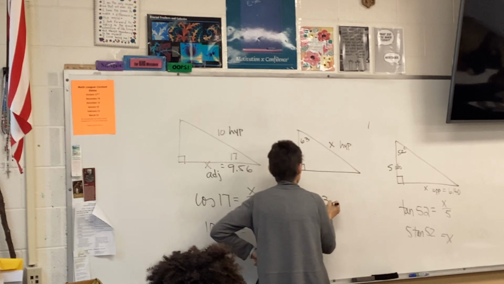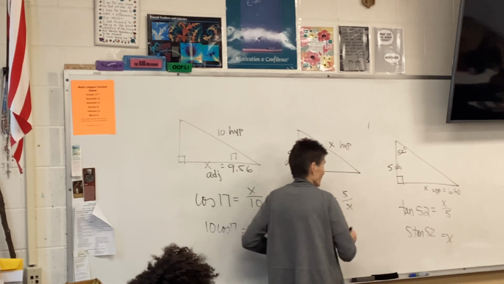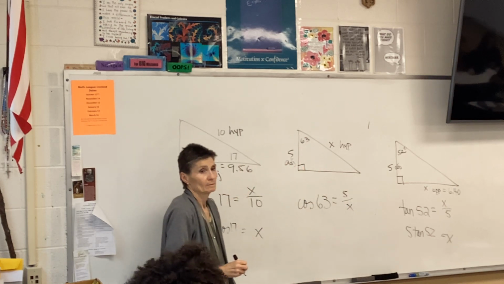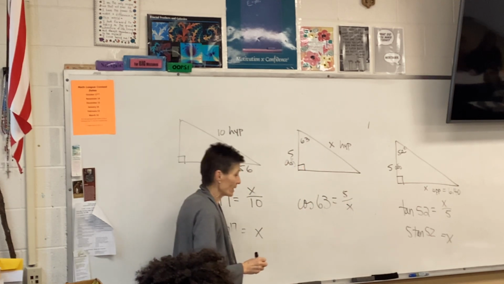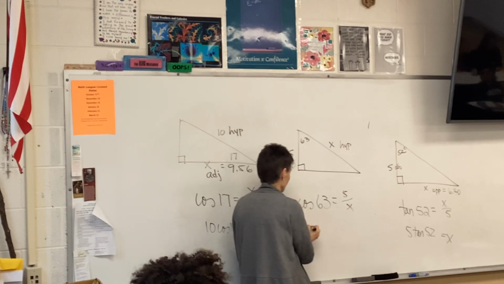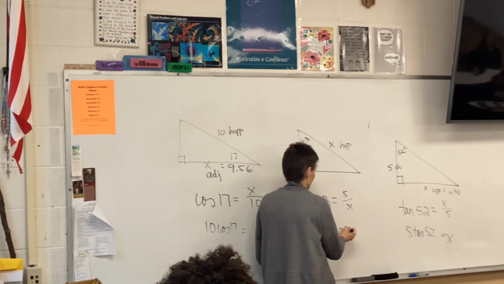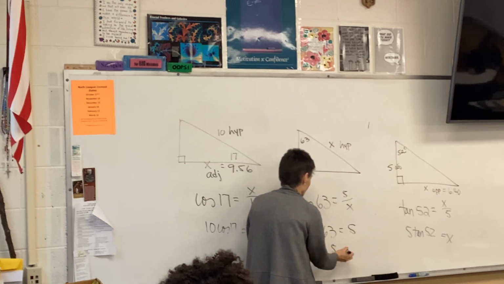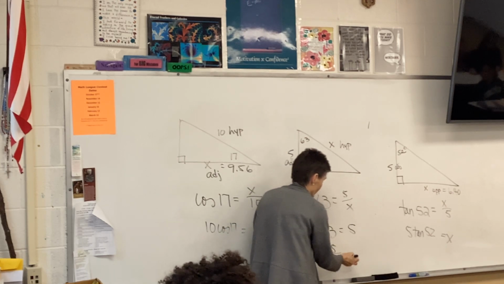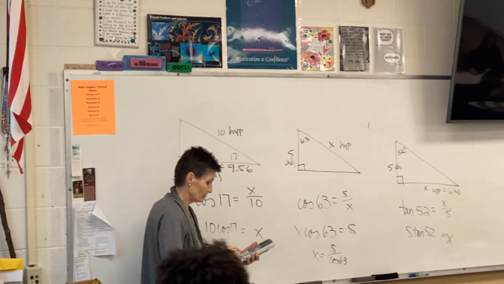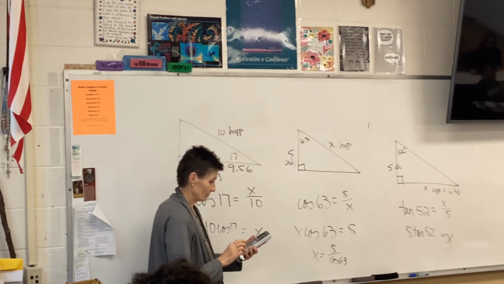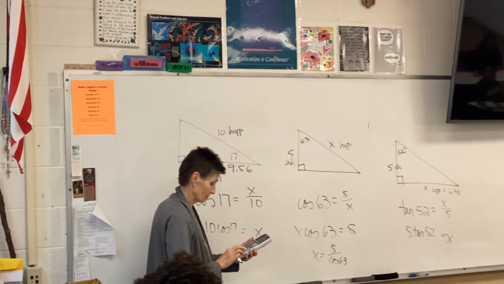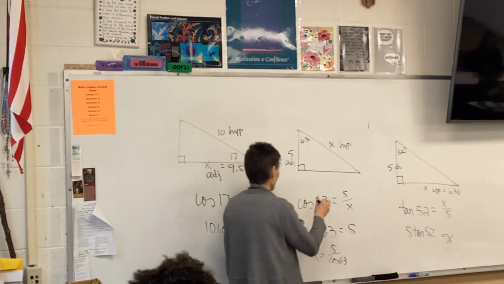Cosine 63 equals 5 over x. Gotta get rid of that denominator. And then you gotta divide. .01.